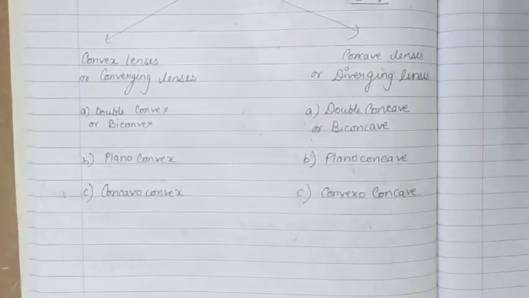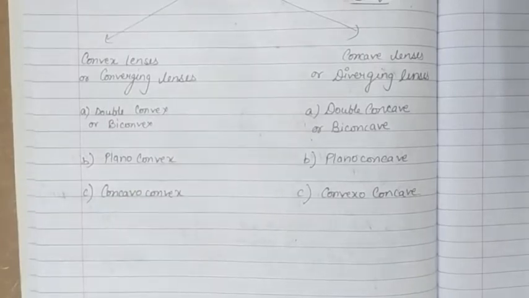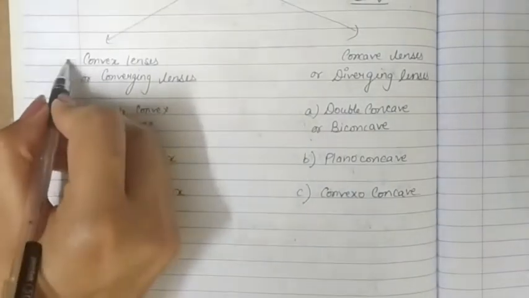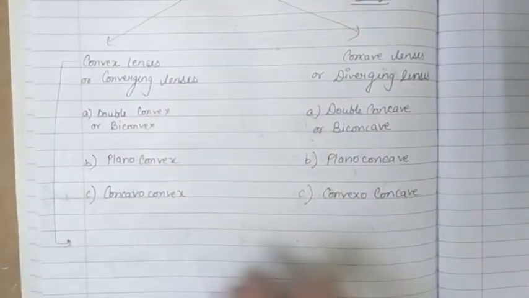Convex lenses are those which are thicker at the center in comparison to the edges. These are also known as converging lenses because they converge a parallel beam of light and they have a real focus. To define a convex lens, we have to keep in mind three points.